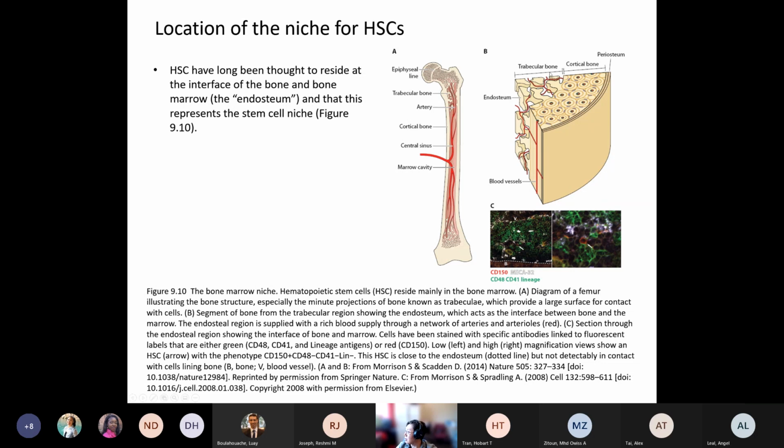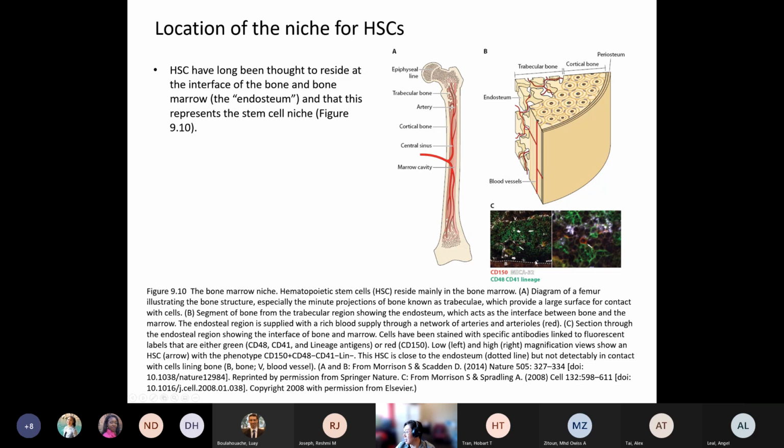So around the trabecular bone, you have the interface between the rest of the cells here and the membrane of the bone. That structure is called endosteum. So here we have a staining. Basically, this dotted line shows where the interface is.